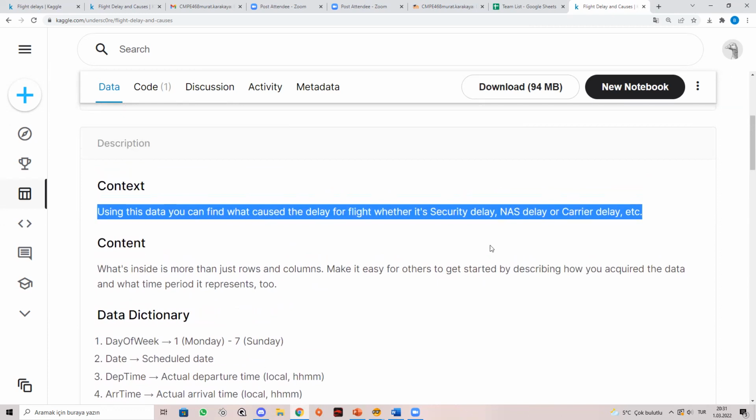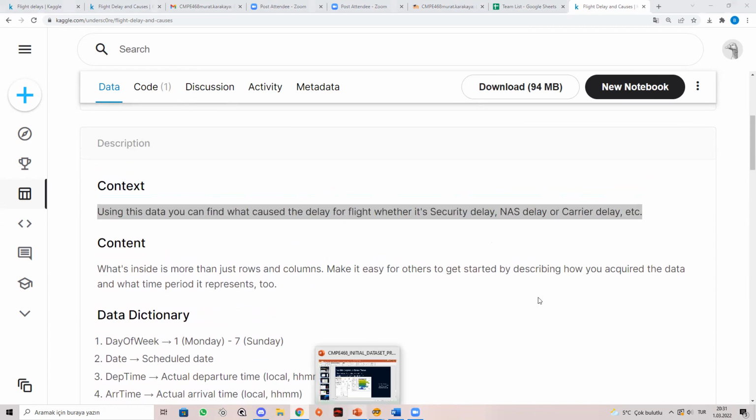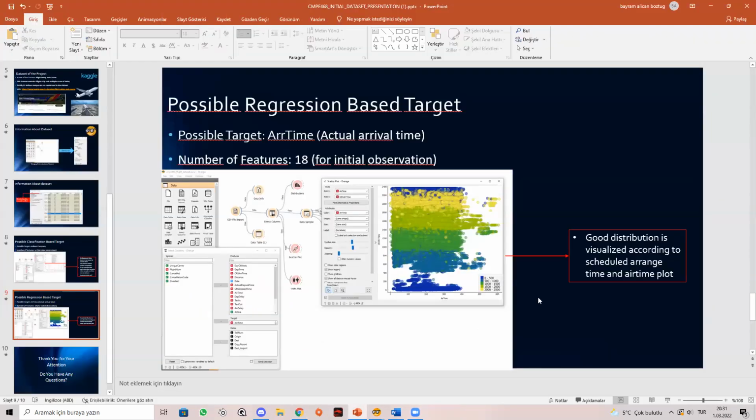So for every other group, I think everyone is listening right now, I strongly suggest you analyze the features and the target. For the subset of the features you found, you need to ensure and believe yourself that there is a relation between the features and the target.